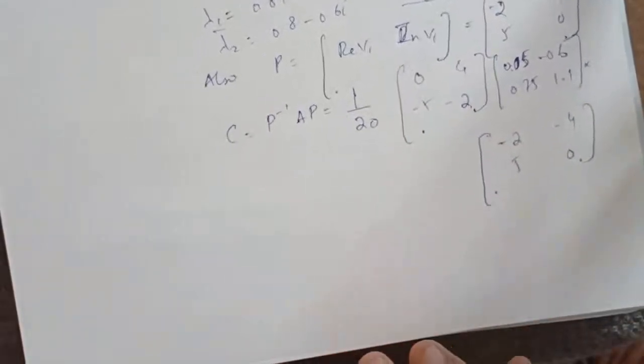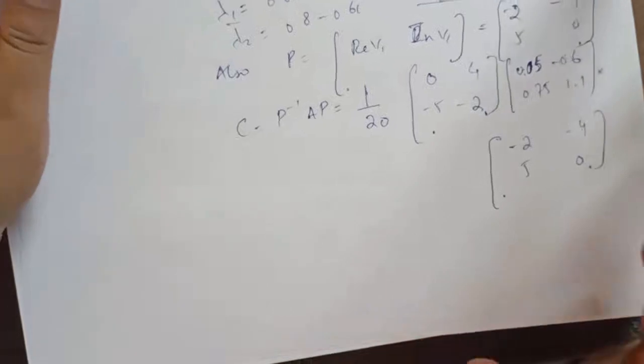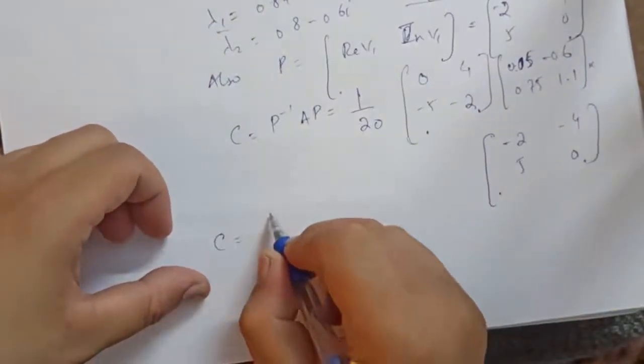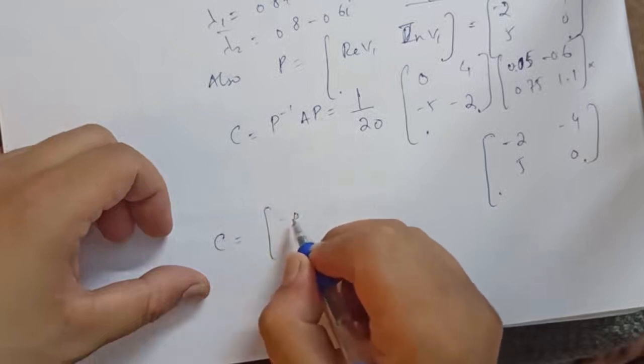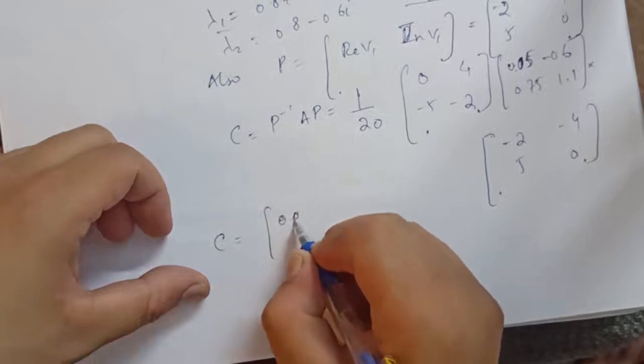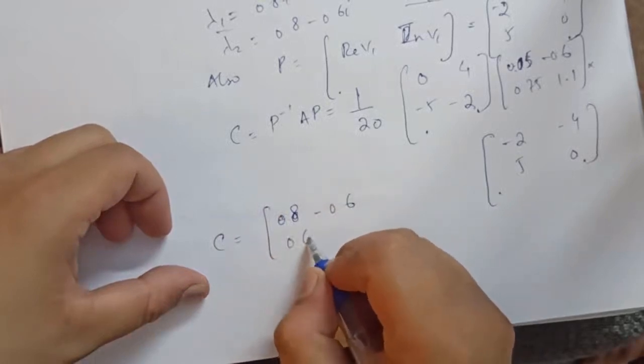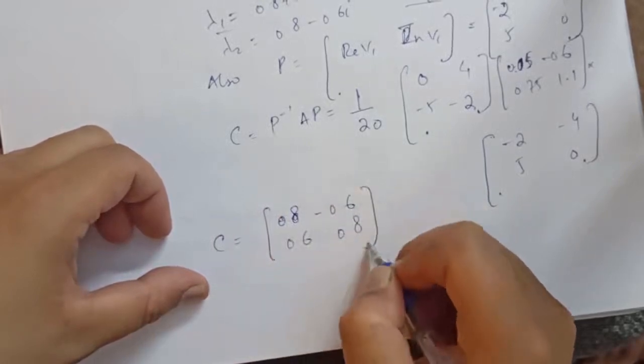Now if you look at the output result, C is equal to [[0.8, -0.6], [0.6, 0.8]], right?